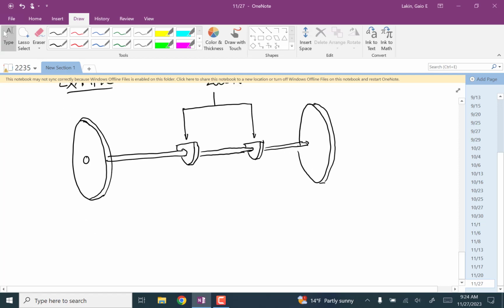And let's say that the coefficient of friction, we're talking about kinetic friction because we're assuming that this is rolling and we want it to keep rolling at a constant speed, is 0.05.